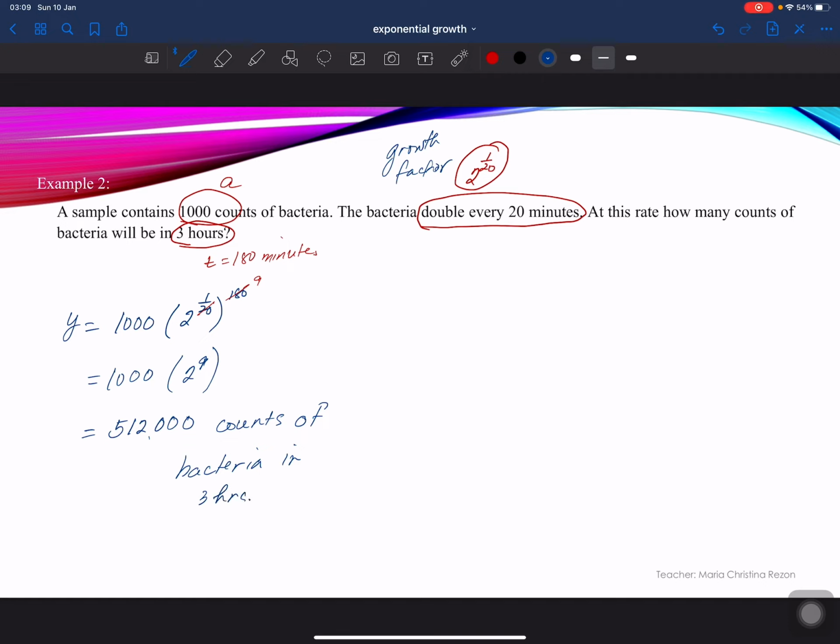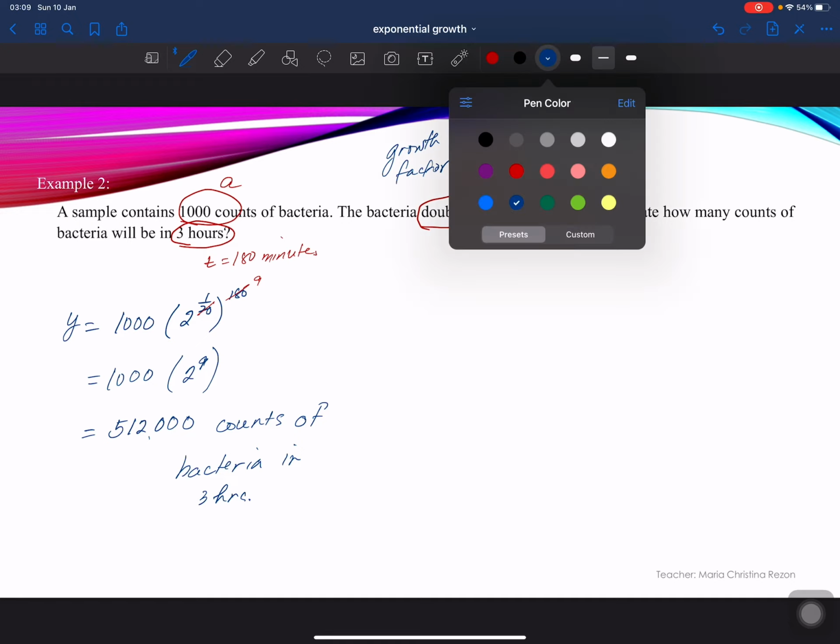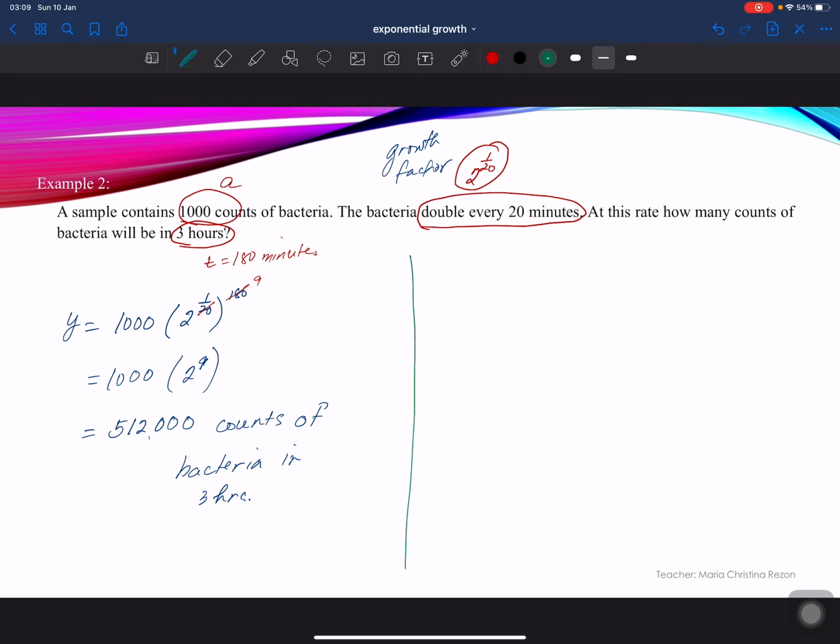Now, if we will just use 3 hours here, then we can also write that. Another way of writing it, if we have 3 hours, we use 3 hours. This is for our t is equal to 3 hours.